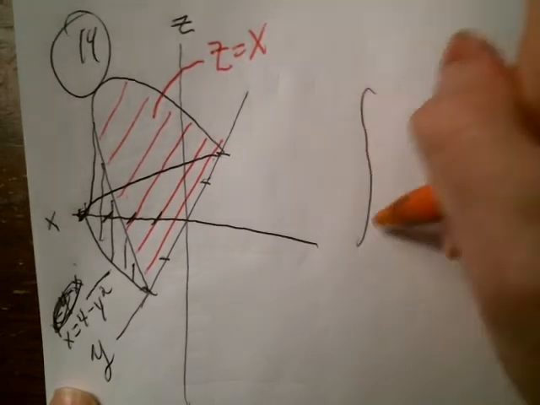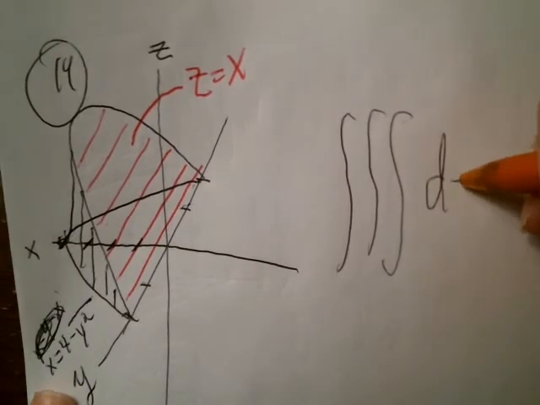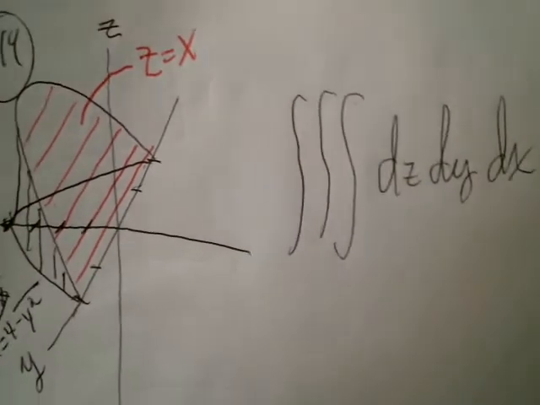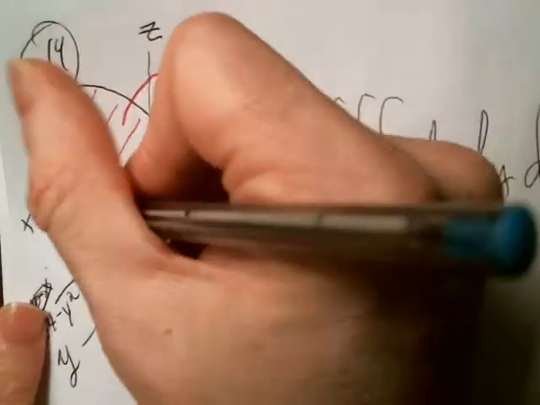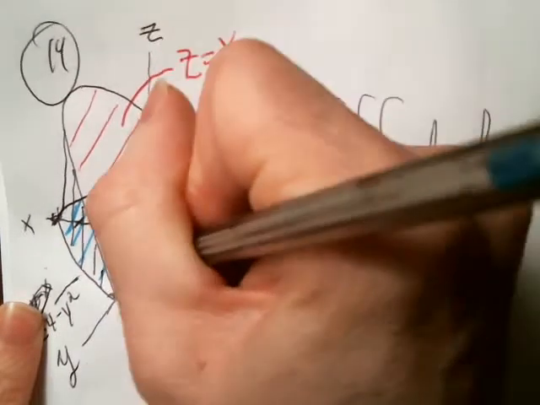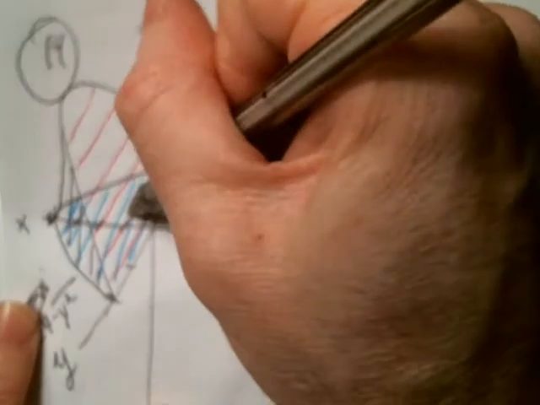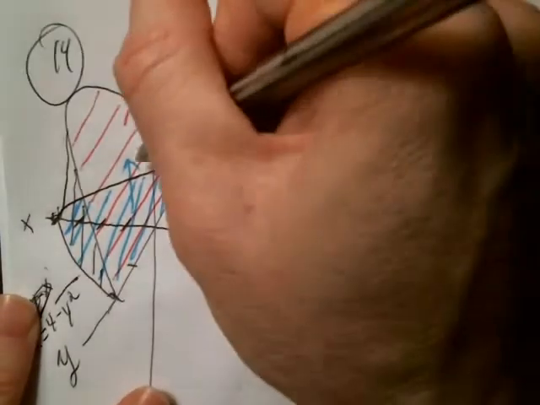And so I'll have my triple integral. And I'll go in the traditional dz, dy, dx ordering. Okay, and you're thinking surface to surface. So the floor surface is this kind of parabola down here. And then the ceiling surface is z equals x.